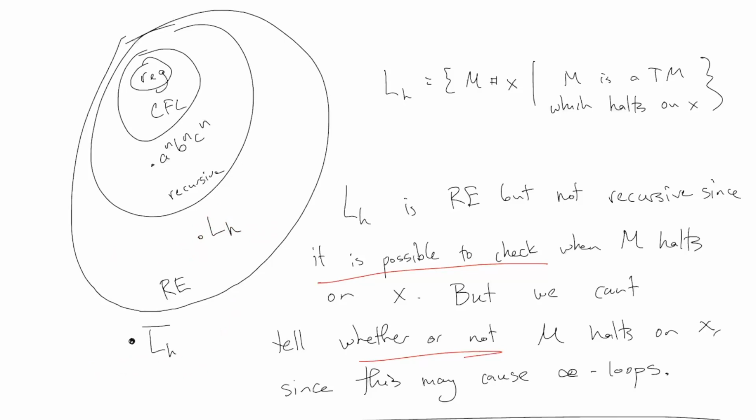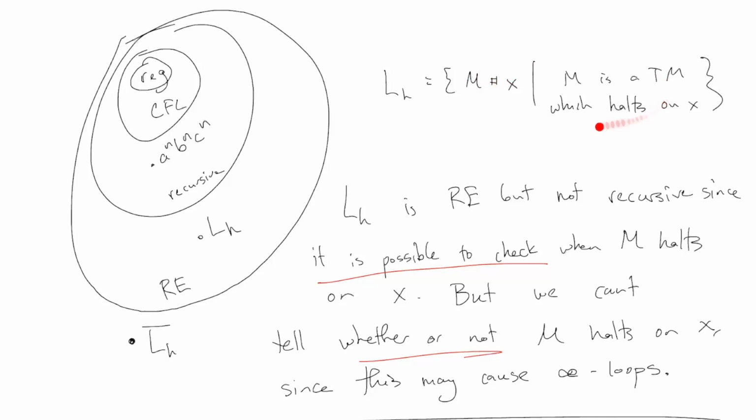There you go. This is the complement of the language of the halting problem. So this would consist of strings which do not look like this, M hashtag X, where M is a Turing machine that halts on X. This, in my opinion, is a very, very weird language, and I have a hard time thinking about what that even means. I mean, I know what it means, but it's very weird.